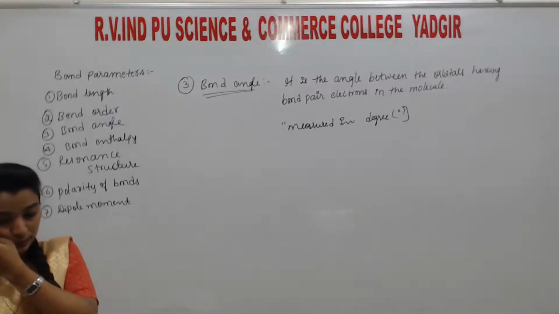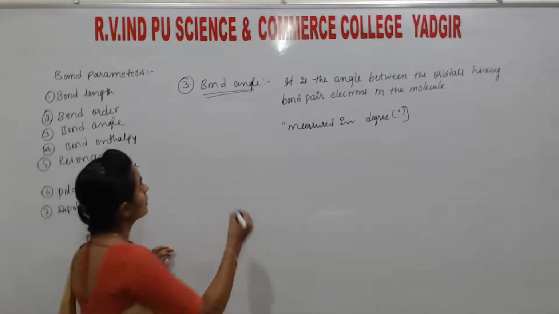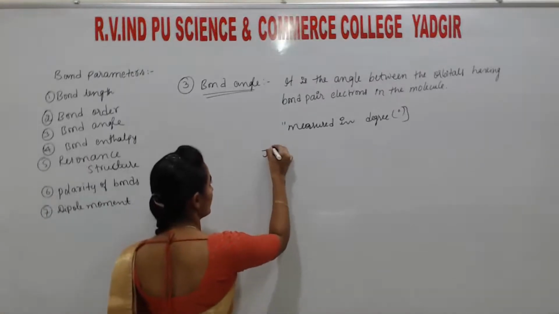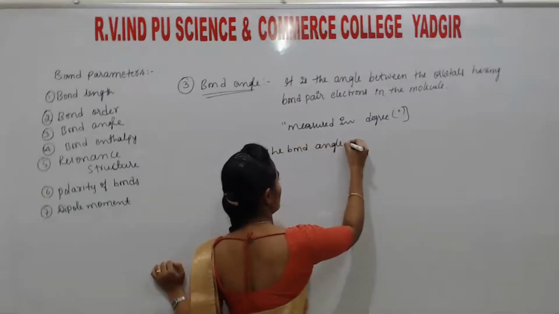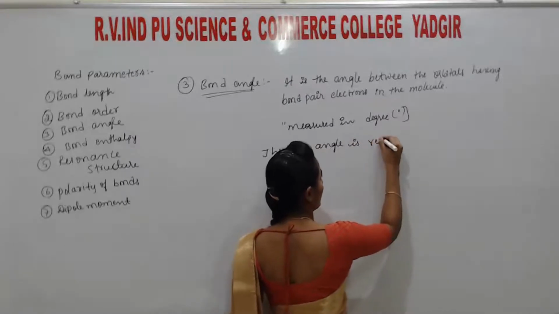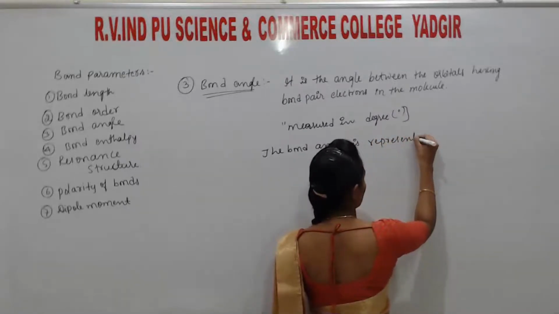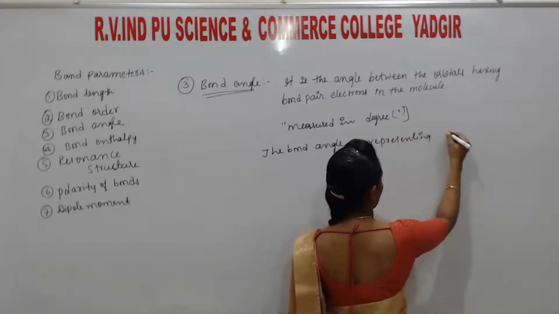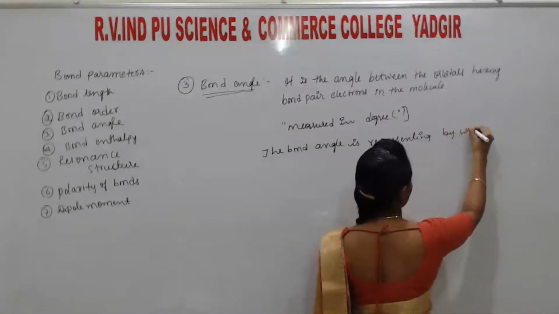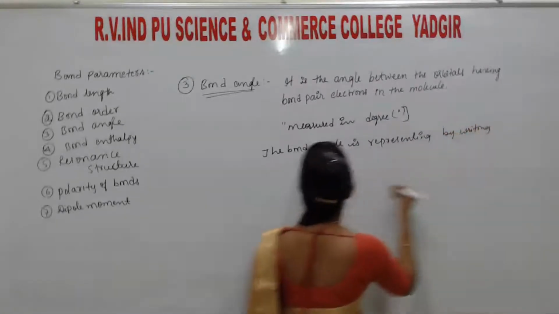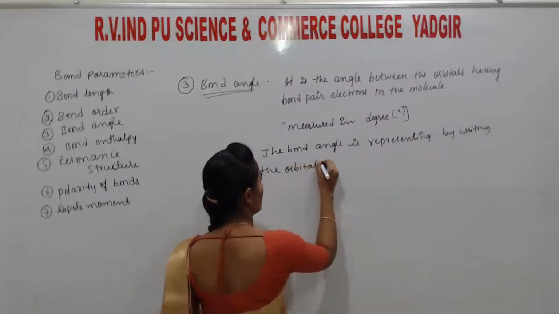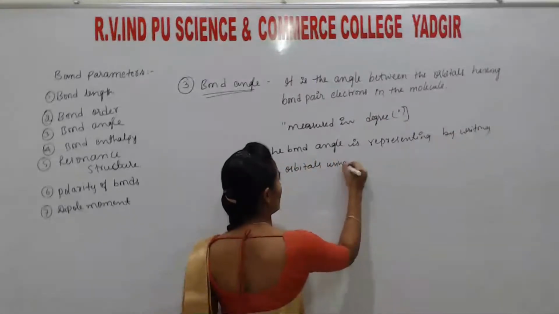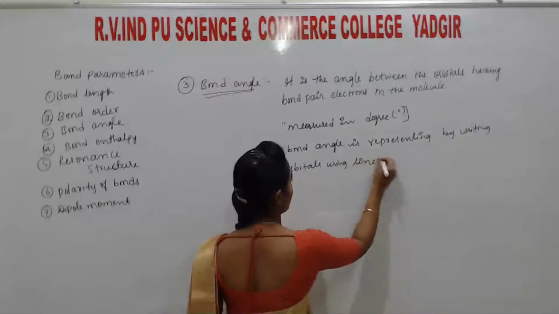Okay. So listen, bond angle is represented by drawing the orbitals using lines.